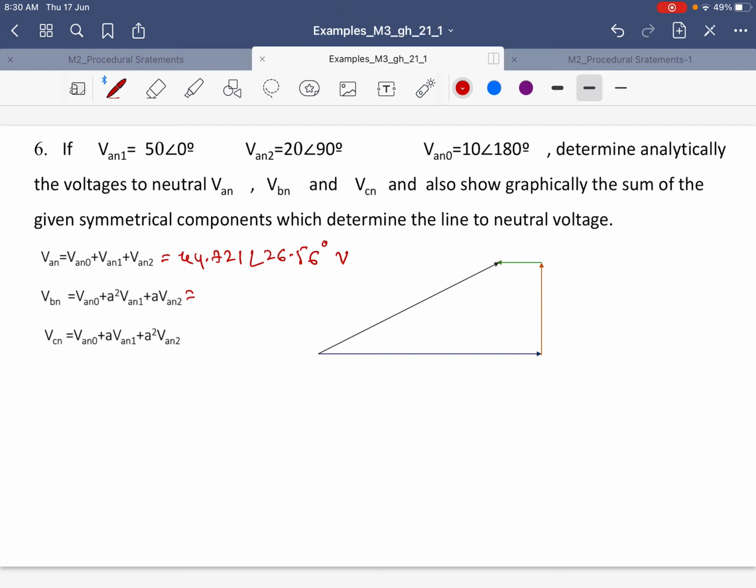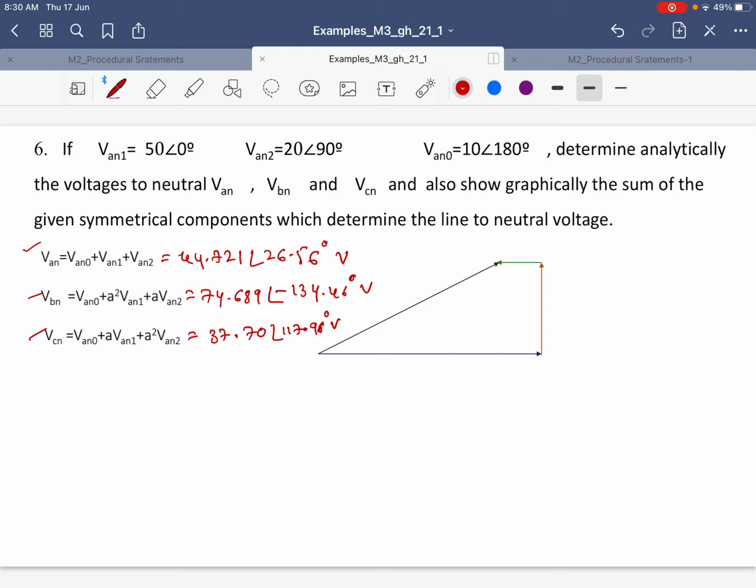VB, just now calculated, is 74.689 at an angle of minus 134.46 degrees volts, and VC is 37.70 at an angle of 117.96 degrees volts. This is how you calculate the values of VA, VB and VC.